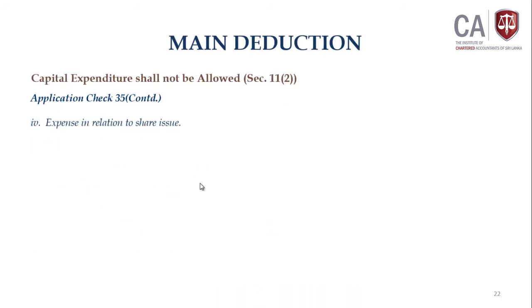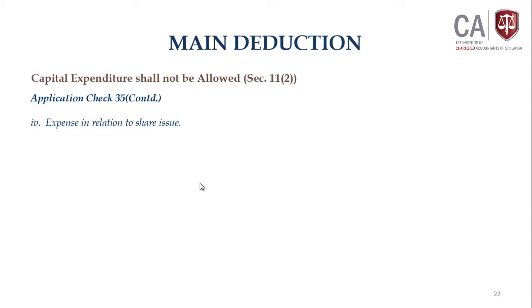The expense related to the share issue. So, this expense is incurred to raise short term or long term financing. Yeah, share is a long term finance. So, once you raise the share capital, the company's benefit accrues for the long term.